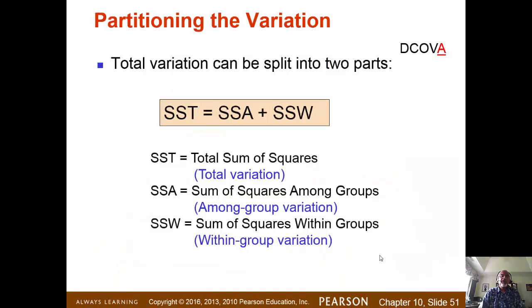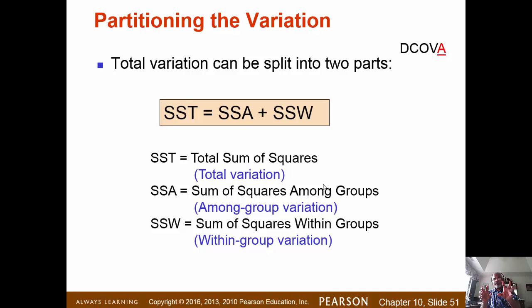So what we're going to do is look at the variance in the sample and split it into two parts. SST here is the total sum of squares, which is a measure of the variance in the sample. You have a bunch of samples, all the samples taken together, the total variation, and we divide it into two parts.